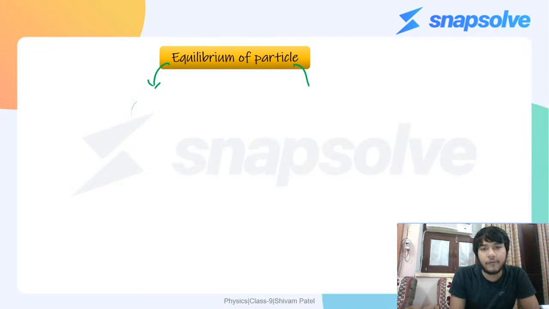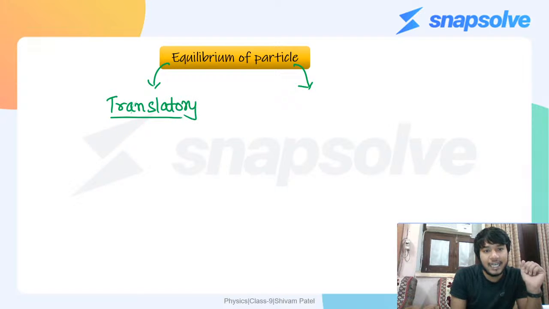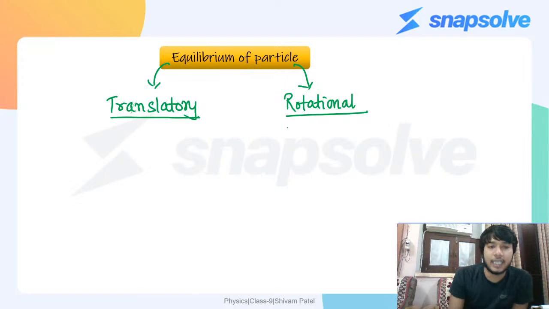There are two types of equilibrium. One is translatory equilibrium, right? And the second one is rotational equilibrium, right? You can understand this better with an example.